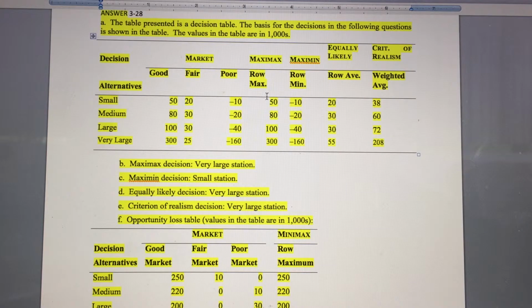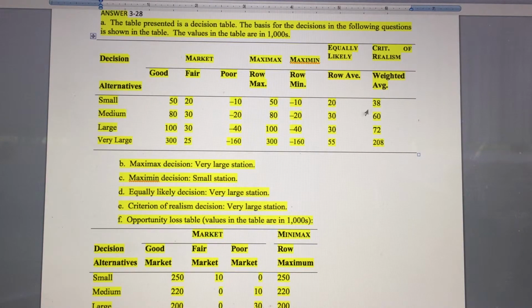Again, it is alpha times the highest. Alpha is 0.8, so it's 50 multiplied by 0.8 plus minus 10 multiplied by 0.2. Then 80 multiplied by 0.8 minus 20 multiplied by 0.2, 100 multiplied by 0.8 plus minus 40 multiplied by 0.2, and 300 multiplied by 0.8 minus 160 multiplied by 0.2.